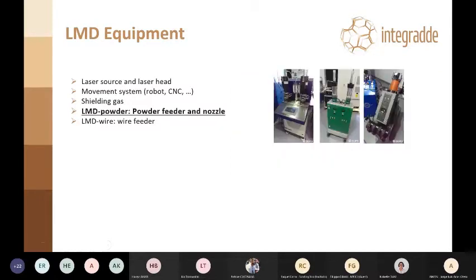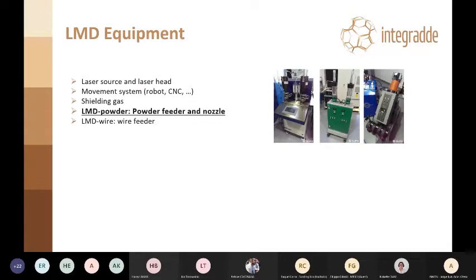Also, for the LMD powder, you will need a powder feeder. You can see here several types of them, where the powder is filled here, and depending on the sophistication of the powder feeder, you also have powder flow control.